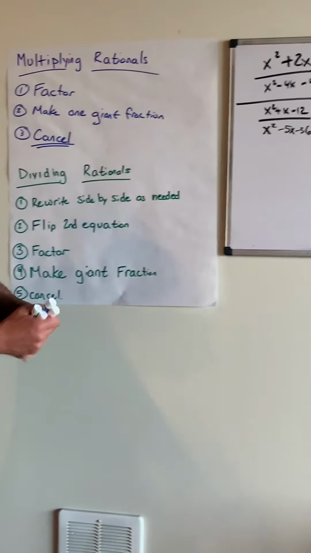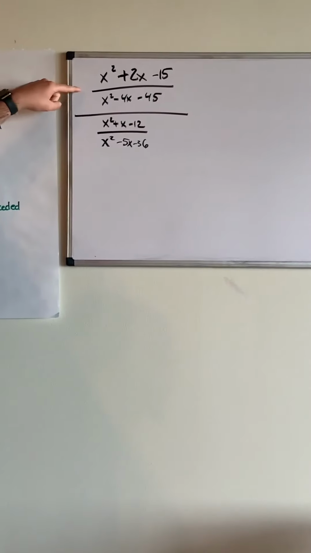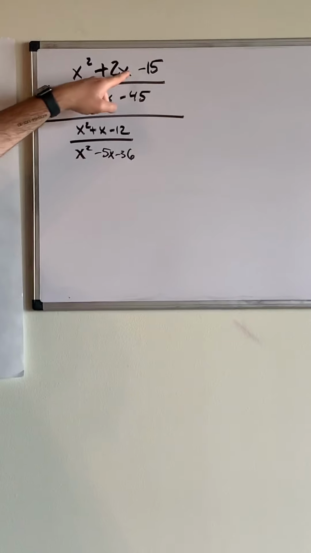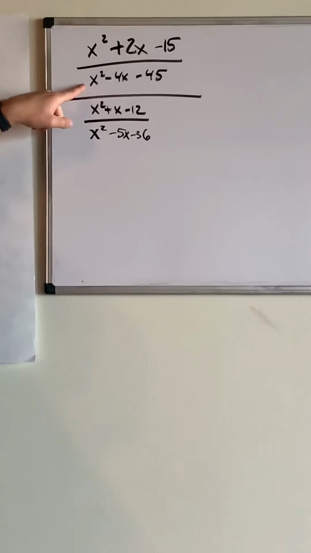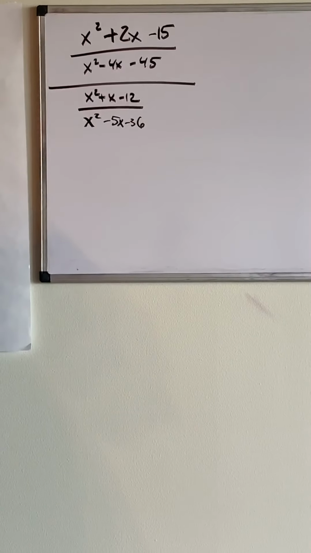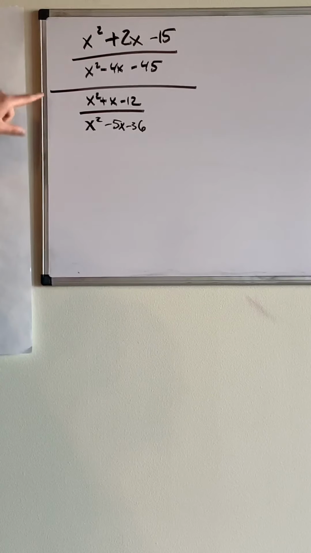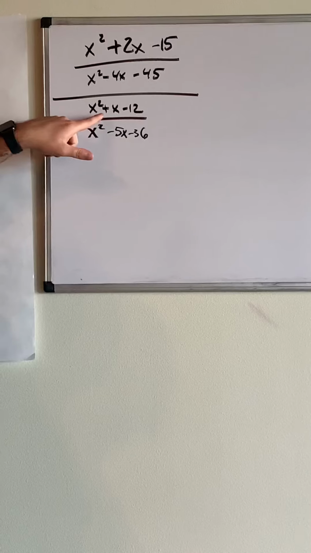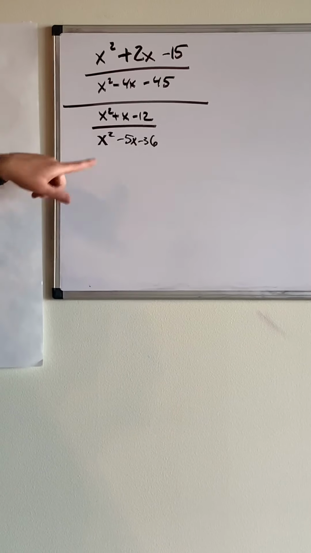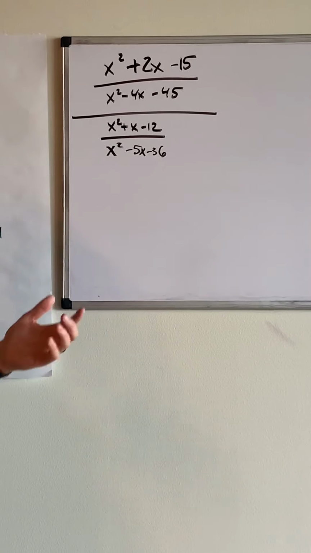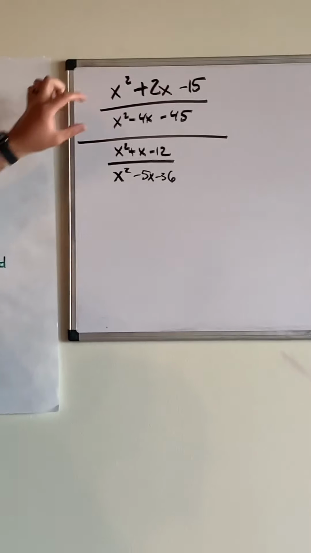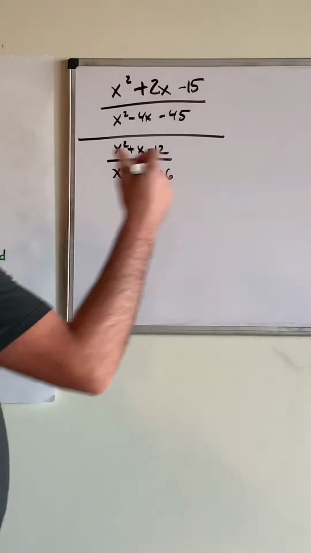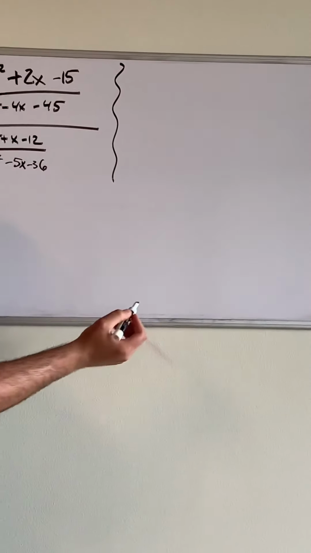So here's our equation, and they'll look like this. Man, it's a lot of fraction bars going on. So I got x squared plus 2x minus 15 divided by x squared minus 4x minus 45. This whole thing divided by this whole thing, which is x squared plus x minus 12 and x squared minus 5x minus 36. So this divided by that. So the first thing I'm going to do is step 1, which is rewriting this into a side-by-side manner.